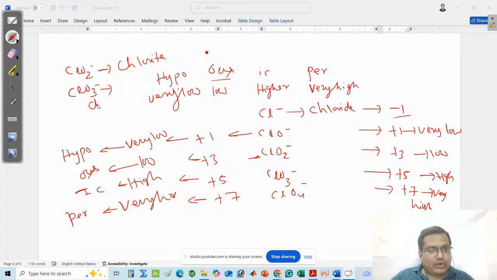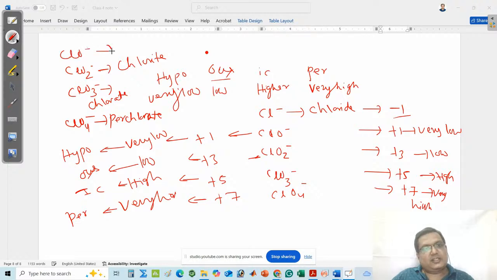This is your chlorate. Next I will move to ClO4 minus. That is your very high oxidation state. That is said to be perchlorate. Suppose I move to ClO minus, then this is said to be hypochlorite. Hypochlorite.